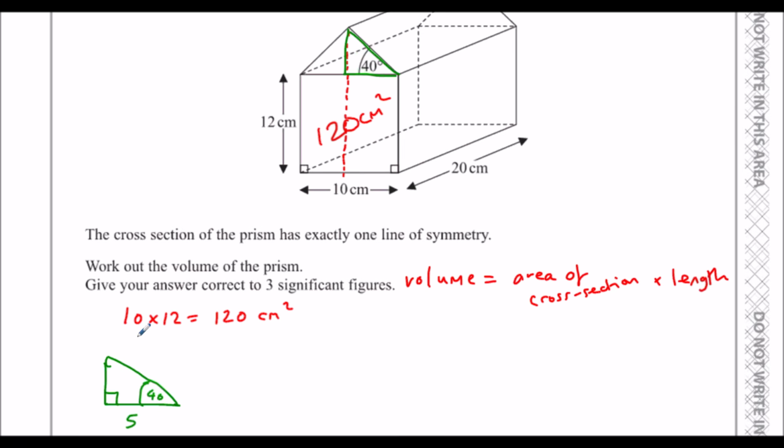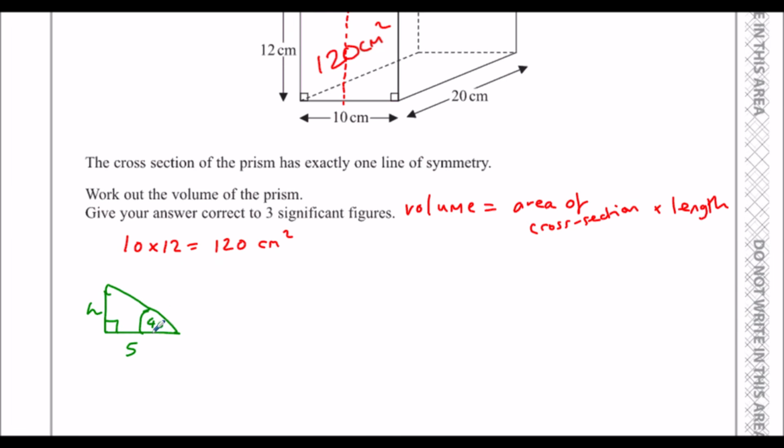If we work out this height here, the height of the isosceles triangle, we can find the area of the triangle using half base times height. So let's use SOHCAHTOA on this right angle triangle to find the height. And then once we've got the height, we can use half base times height to find the area of the triangle.